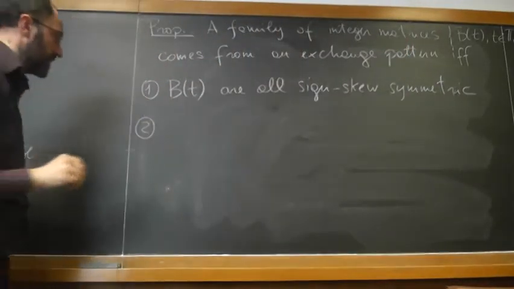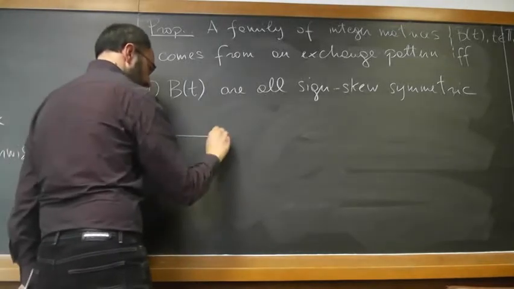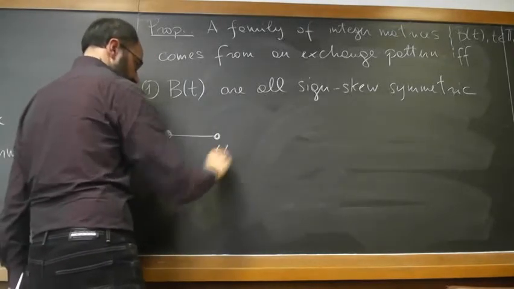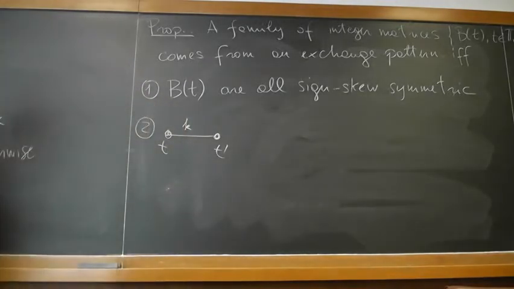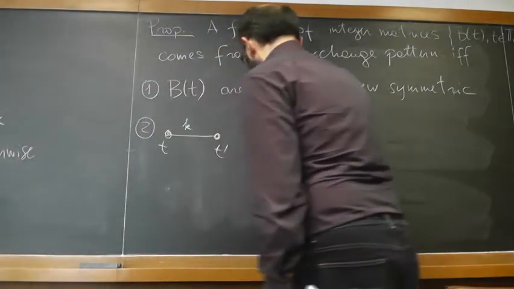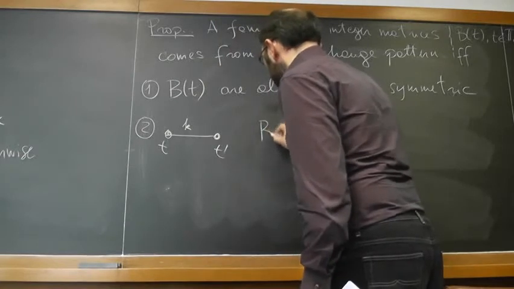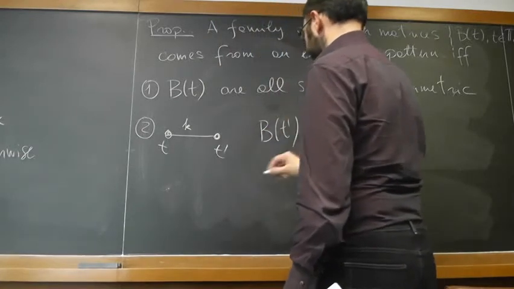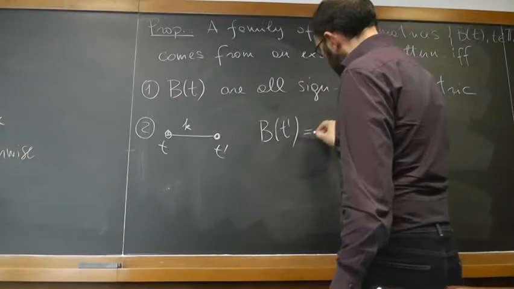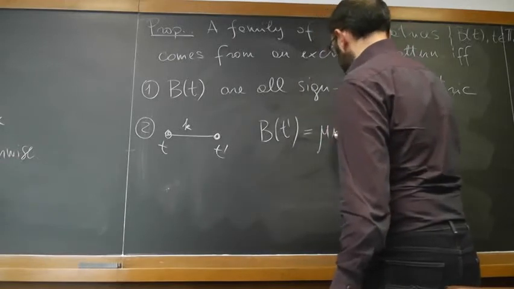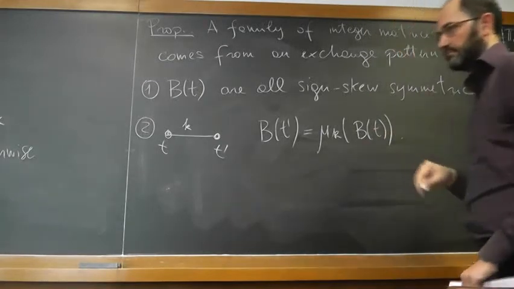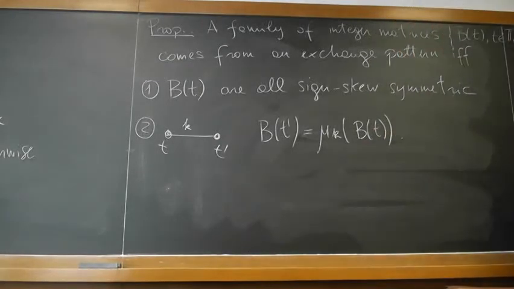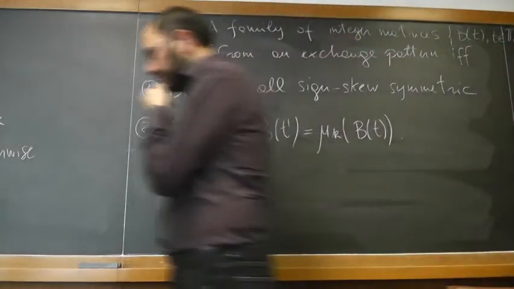Two, whenever we have two vertices t and t prime joined by an edge labeled with k, then B of t prime is the mutation in direction k of B of t.